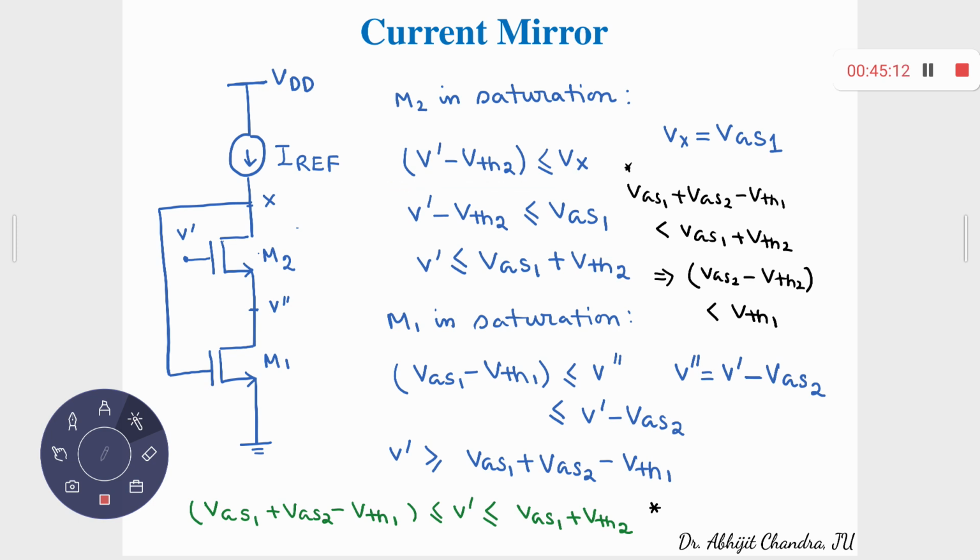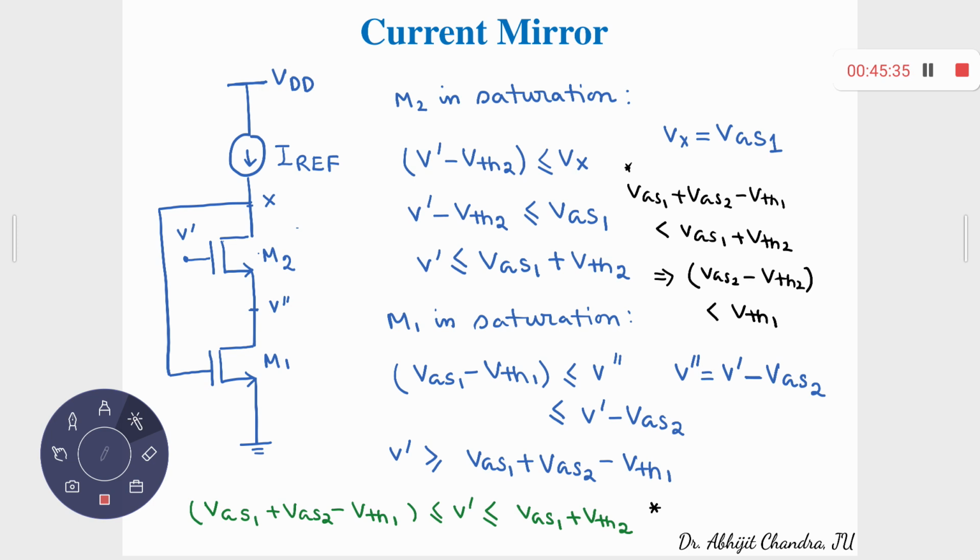What is Vx? Vx is nothing but Vgs1, right? So V dash must be less than or equal to Vgs2 plus Vgs1 plus Vth2. I need to ensure that M1 is in saturation because we are dealing with a current mirror circuit, so all of the MOS devices should be in saturation. What is the condition for M1 to be in saturation?